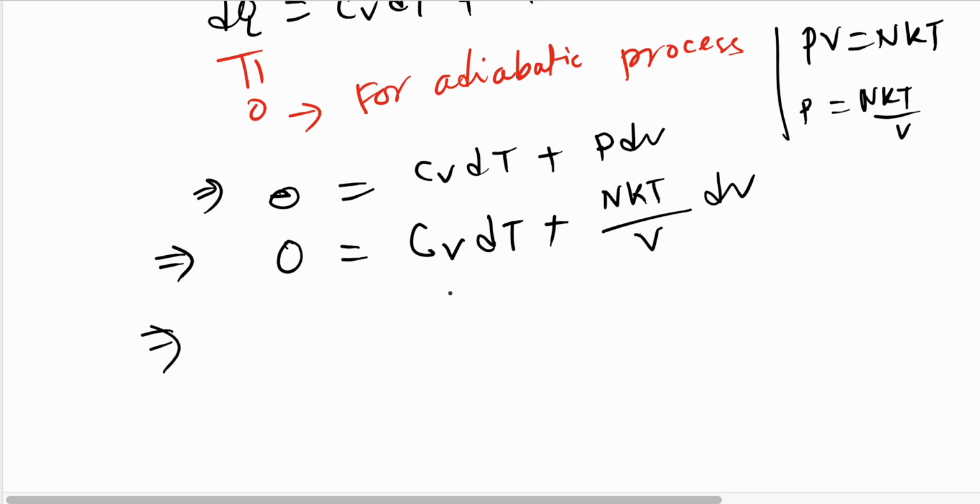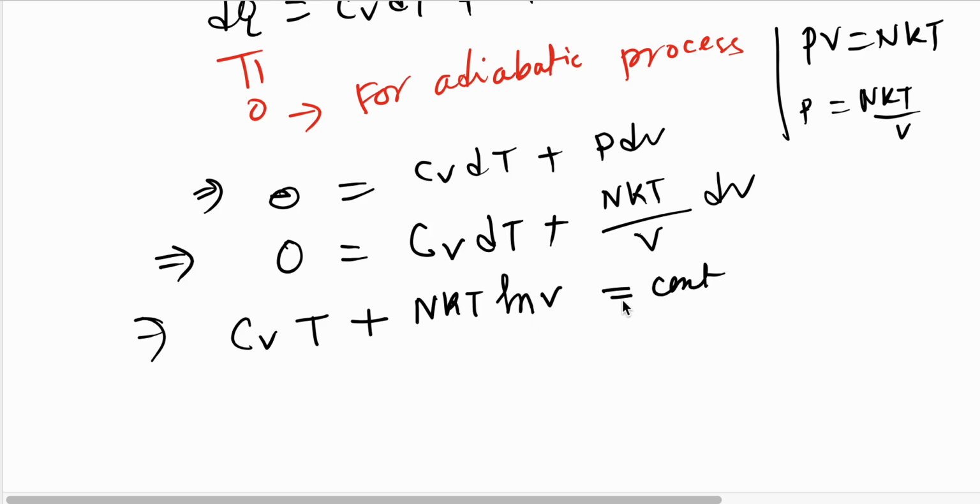So if we integrate, then we will get Cv into T plus nkT ln V equal to constant.